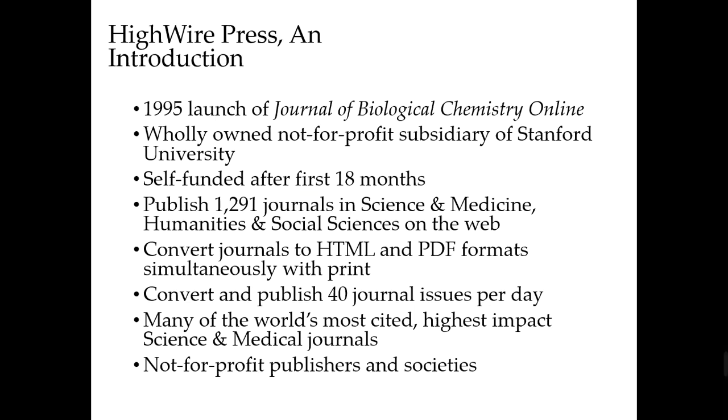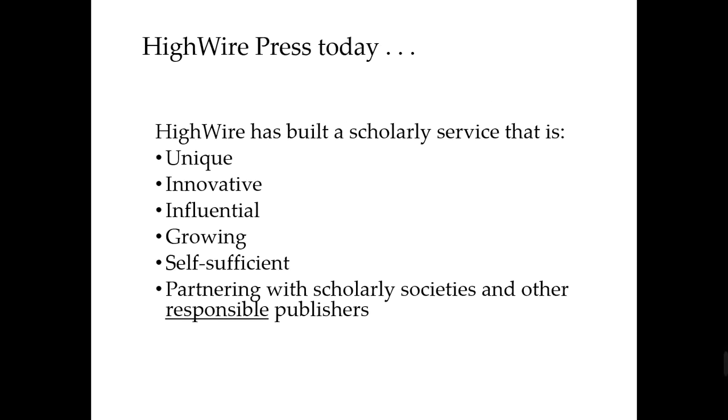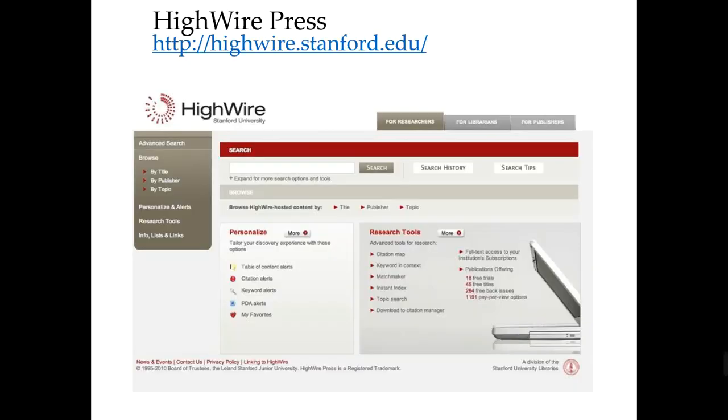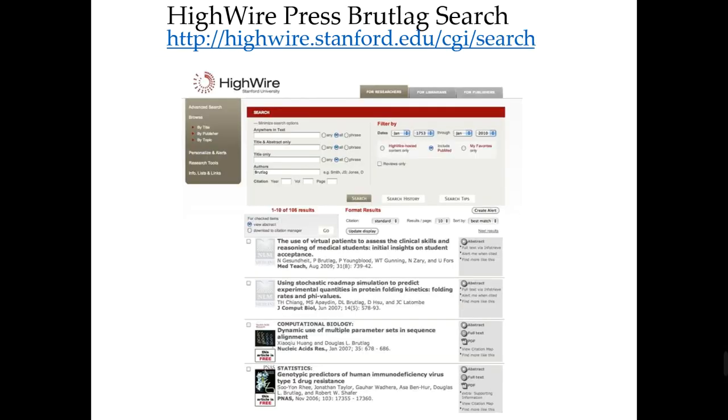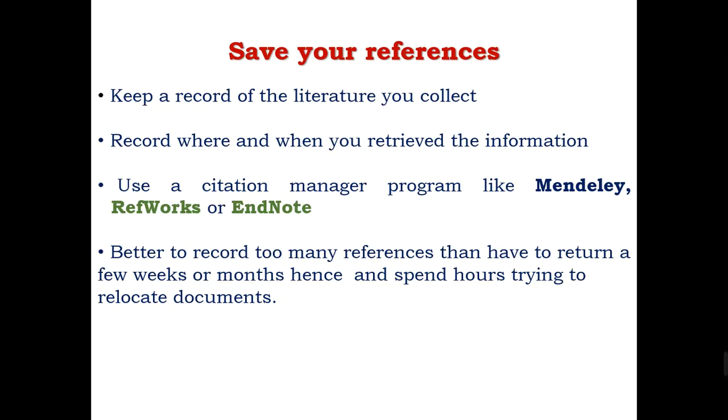Another thing is HighWire Press, which is also a free online tool to get the literature, and you can get a lot of input from HighWire. This is an example of HighWire Press, and you can get all the PDF documents also here.